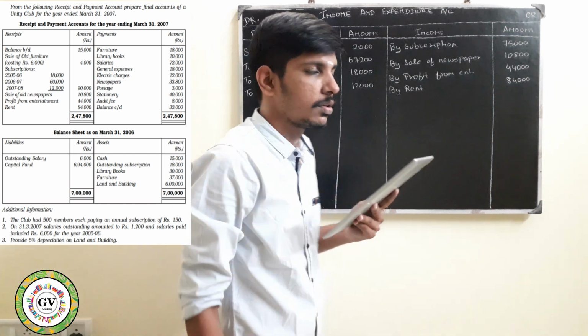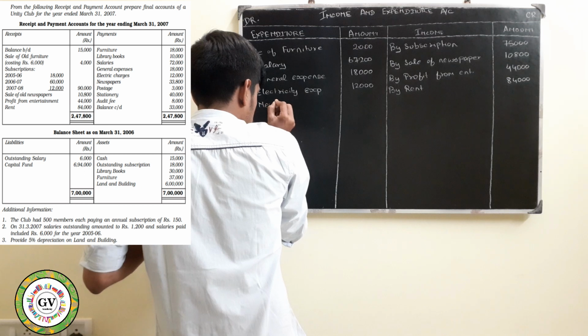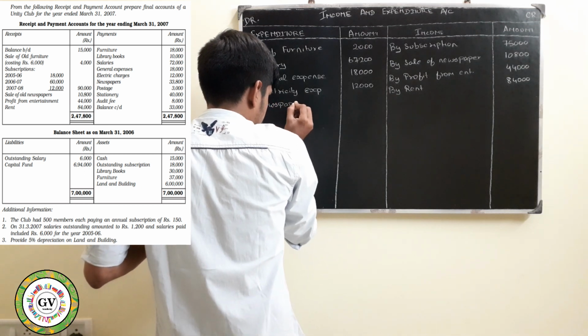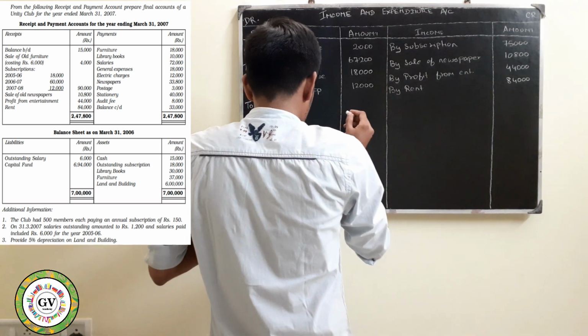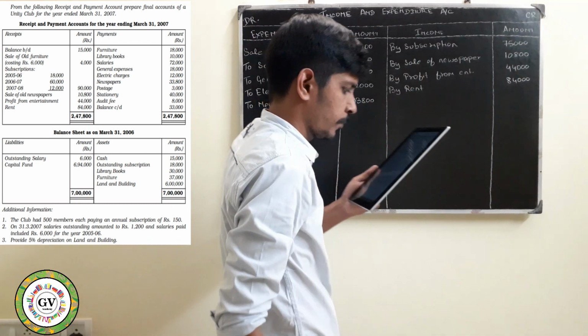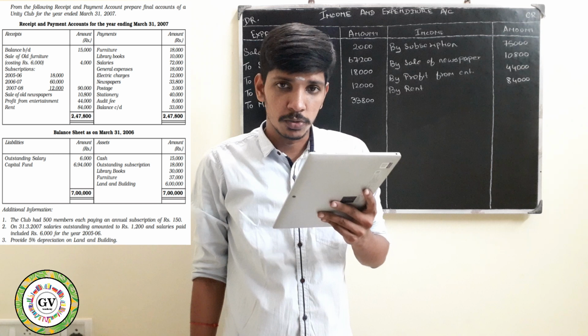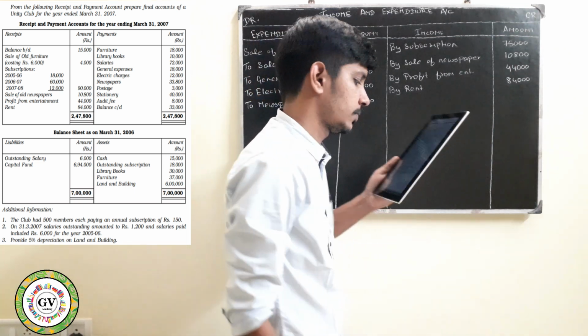The next point is newspaper, which will also be debited in the income and expenditure account. Next is postage 3,000, stationery 40,000, audit fees 8,000. All these three are recurring in nature, therefore they will be debited in the income and expenditure account.